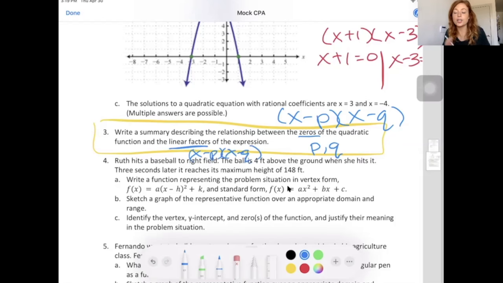So it's like you said, if you set them equal to 0, it has the opposite sign. If you set your linear factors equal to 0, you can find the zeros, or the solutions of your quadratic function.